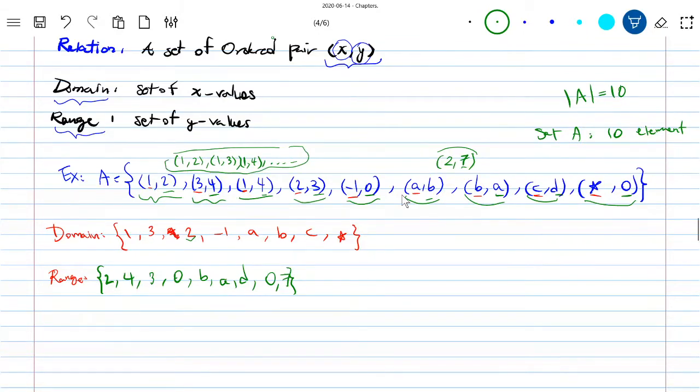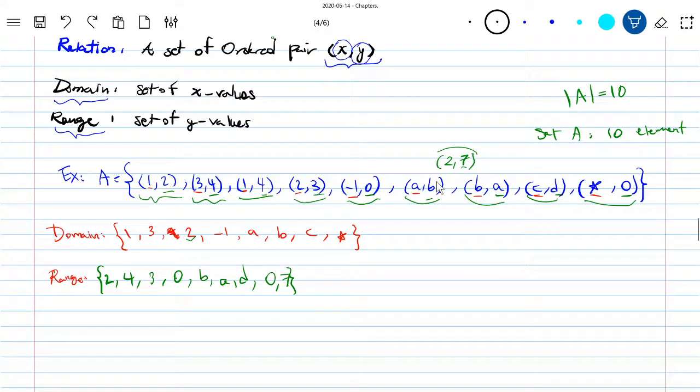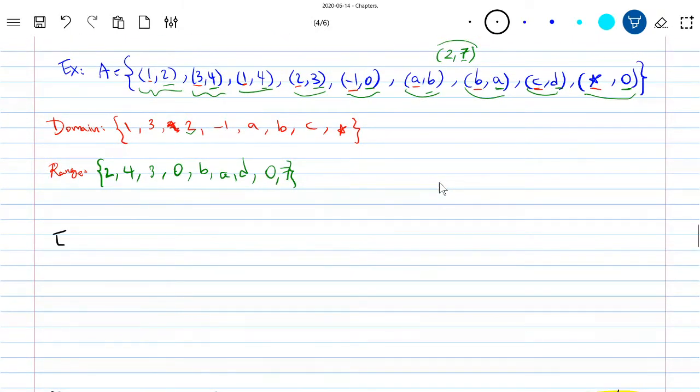What is the domain? Maybe I should have written this from here. Let me show you a set with infinite inputs. So let's call this another example. Set B, let's say, has this form: (1, 0), (1, 1), (1, 2), (1, 3), and so on.